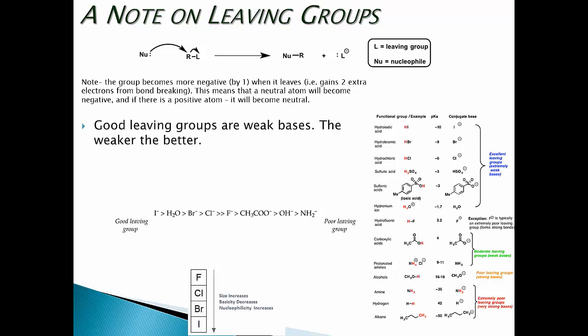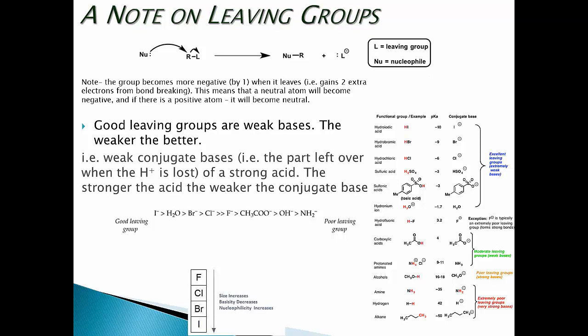So good leaving groups are weak bases, and the weaker they are, the better. The best types of leaving groups are conjugate bases of strong acids. Remember, the conjugate base is the part that's left over when the hydrogen is lost. For example, if we have hydrochloric acid, its conjugate base is the chloride ion.